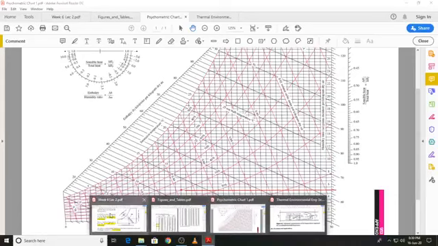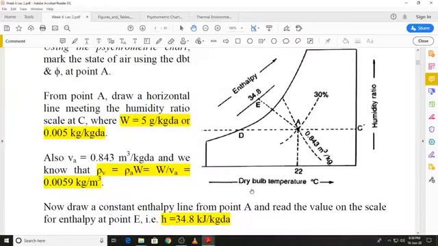And again we can convert it into kilogram per kilogram dry air by dividing it by 1000, so that gives us 0.005 kilogram per kilogram dry air.